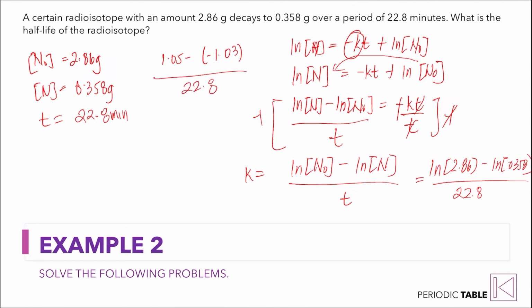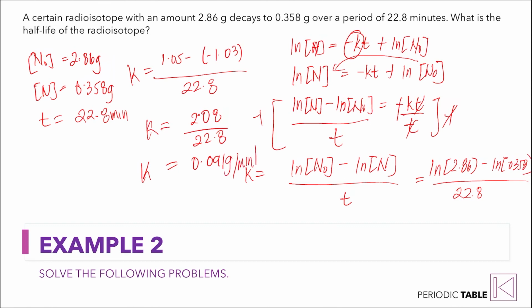So 1.05 minus negative 1.03, so that magiging positive yun. So eventually ang sagot is 2.08 divided by 22.8. The answer is 0.091. So the answer here, the K value is 0.091 per minute.